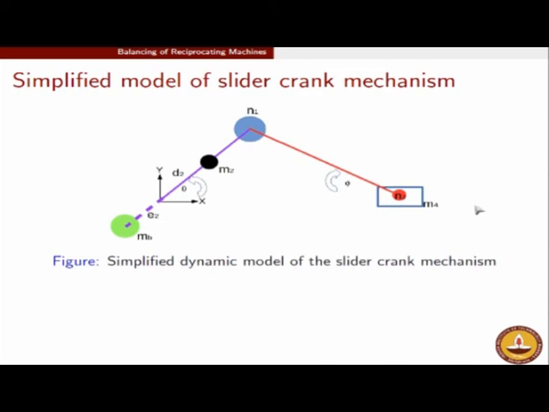There is only one mass which is having any kind of inertia force, that is associated with the reciprocating motion. As our analysis tells us, the inertia force is the shaking force and the inertia torque is the shaking torque. Here in the simplified analysis, it is very easy to see that since there are no inertia torques in the system, there are no shaking torques. Okay, so that is done.